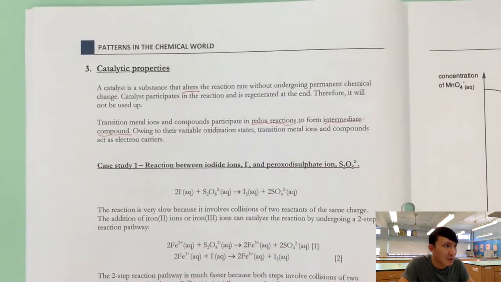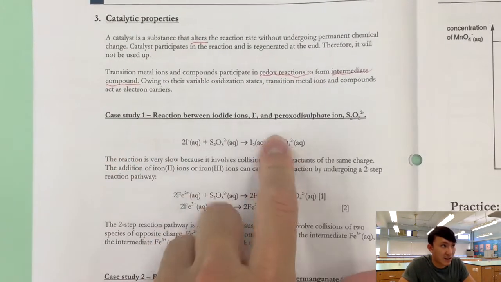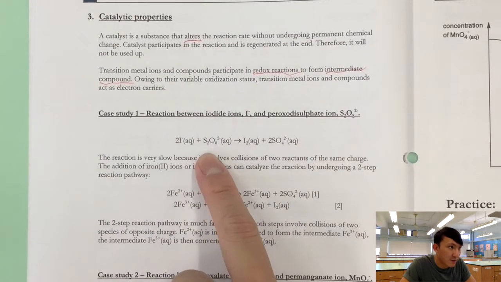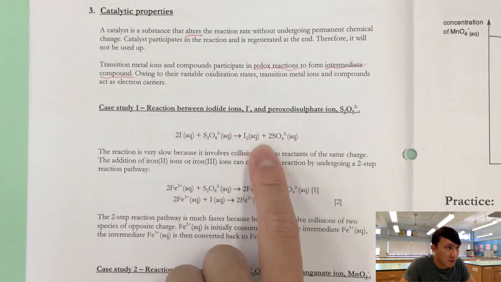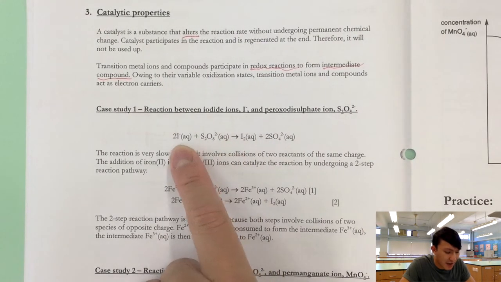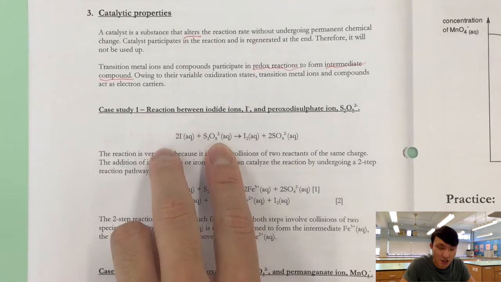Now, the first one, we have a reaction between iodide ion and peroxydisulfate ion, S2O8 2-. Okay? Now the reaction happens very slowly by itself. This is because you notice that I- and S2O8 2-, both of them are negatively charged.